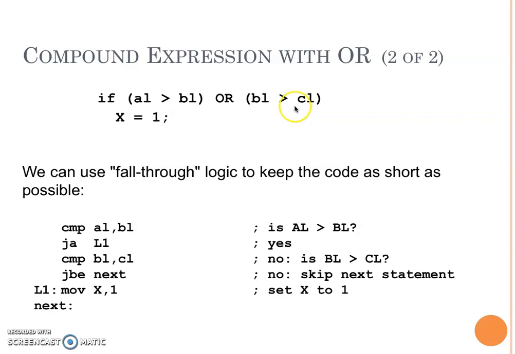This one is different: for the JA, I right away jump to here. But after I do the BL and CL check, if it is not correct, then I jump to here. Because anyway, if this one is true, I will just go to the next value.